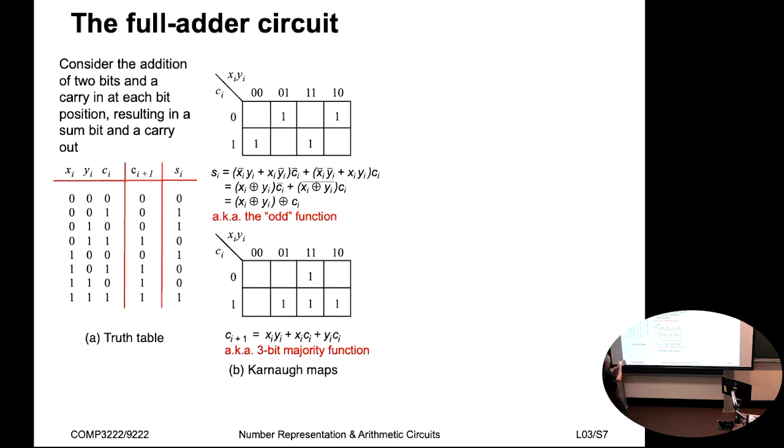And for all of those where Ci is 1, we have 1, 0, 0, 1. So actually it's the same bit pattern as I have here. So you should be able to see that the top half is the complement of the bottom half. And therefore, I argue that xi bar yi or xi yi bar is the complement of not xi, not yi, or xi yi. So they're complements of each other. One is the exclusive OR and the other one is the exclusive NOR.